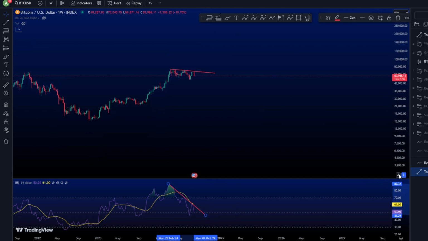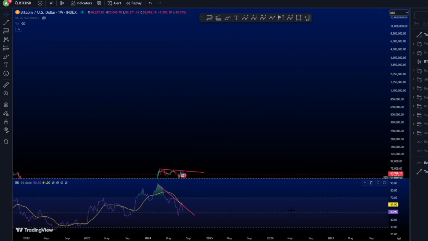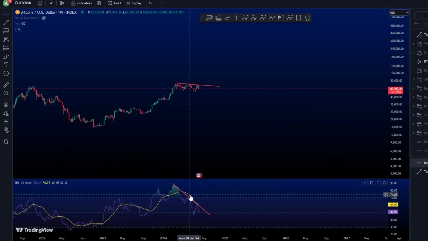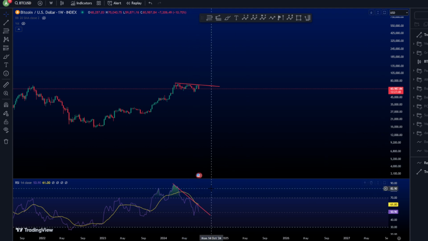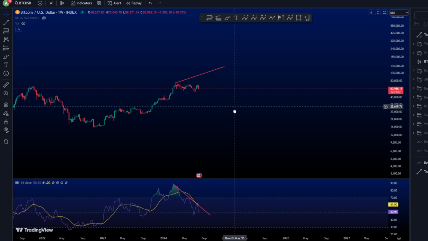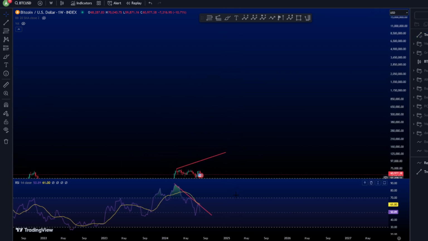However, this is your kind of divergence, but you cannot really rely on this, because when we take this divergence, actually it should be towards the upside, so this is your real divergence when you have a very bearish market.